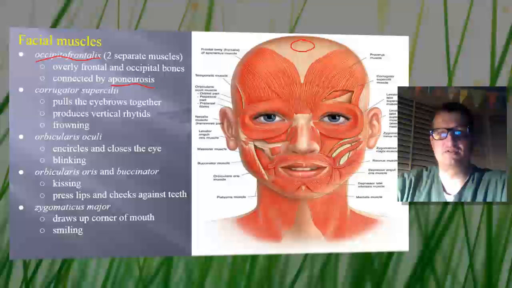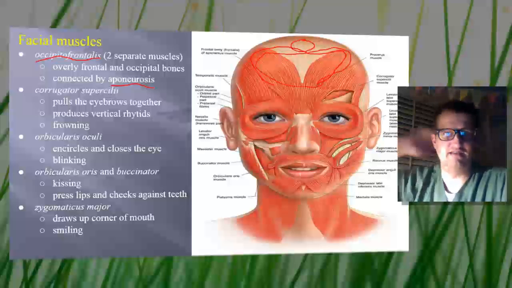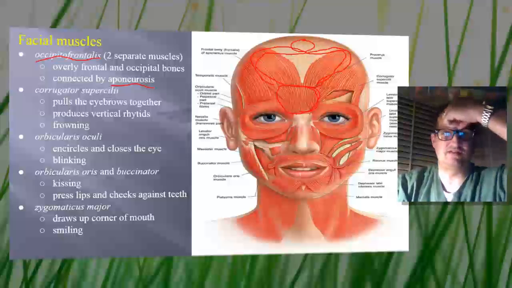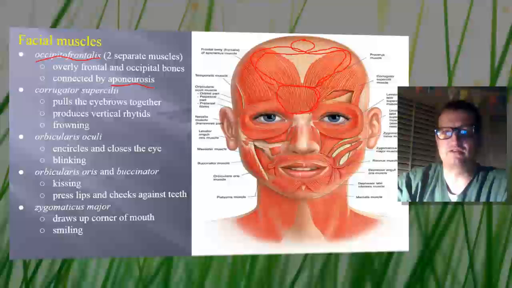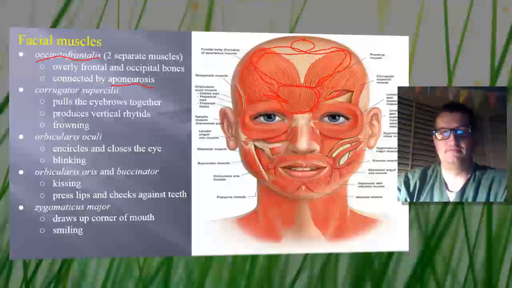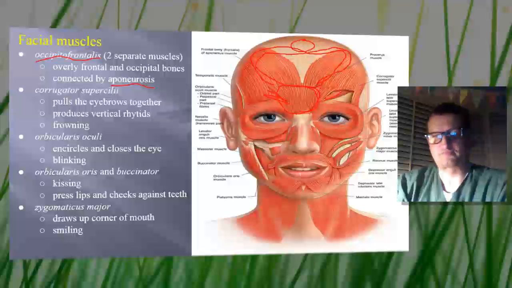This is the frontal muscle, and in the back you have the occipital muscle behind the head. The corrugator supercilii are shown here, but this whole area is called the glabellar region. You have the procerus muscle, a large muscle right here in the center, and the corrugator muscles here, underneath the frontal muscle.